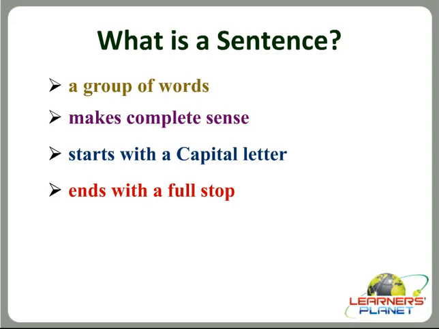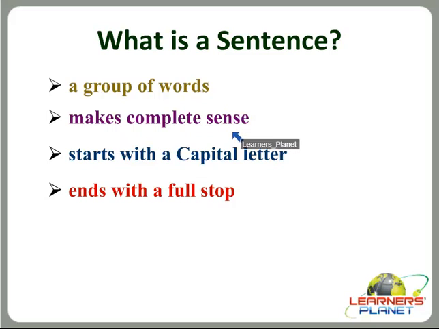What is a sentence? A group of words that makes complete sense, starts with a capital letter and ends with a full stop is called a sentence. Students, you have to remember that a sentence is a group of words that makes complete sense.